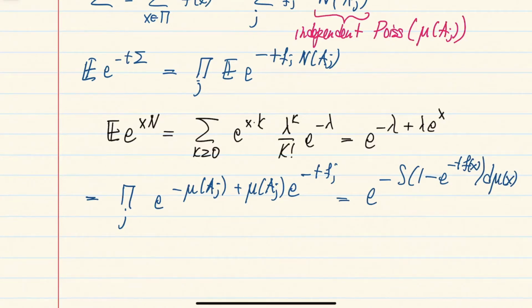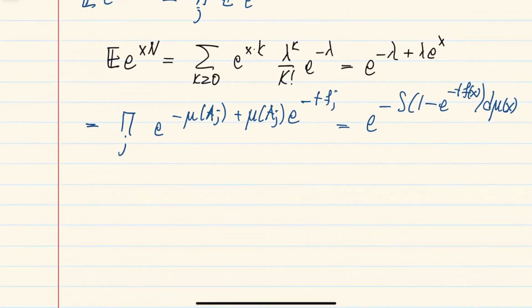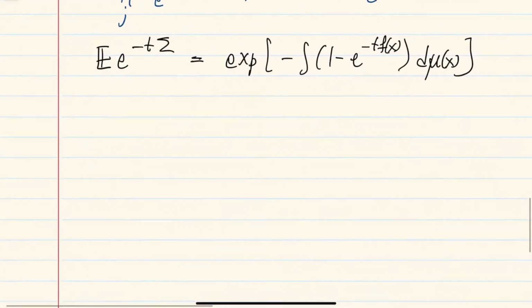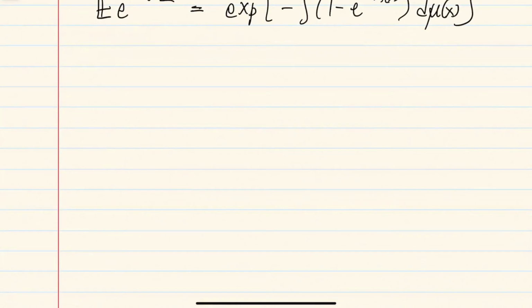So in other words, we get the equation that we want for the Laplace transform of our random variable sigma in the case when f is a step function.